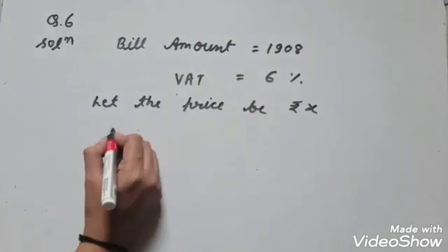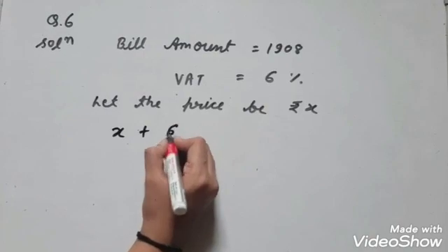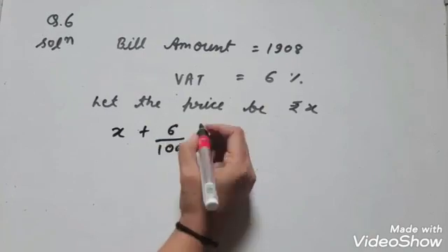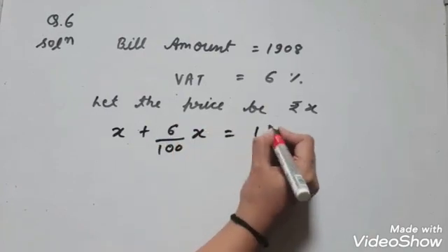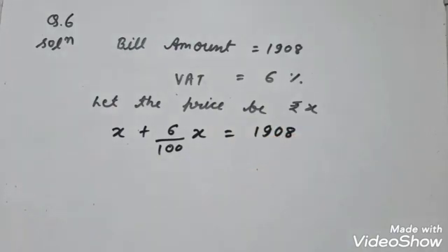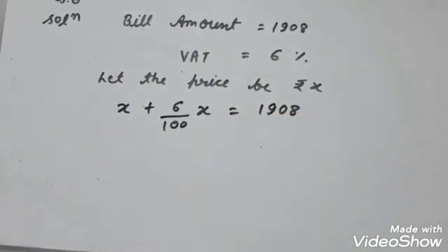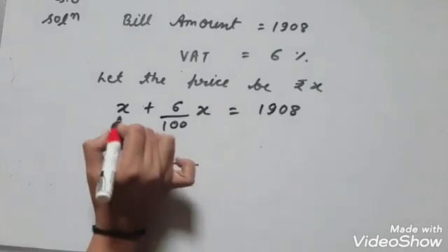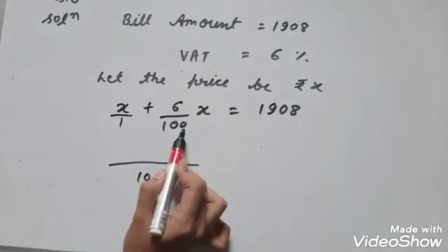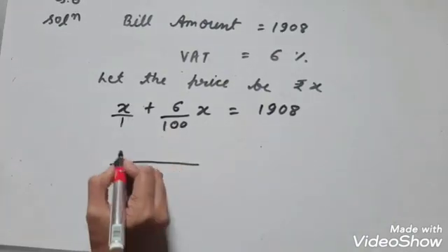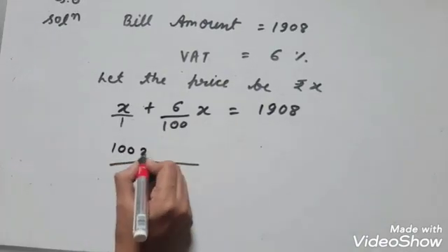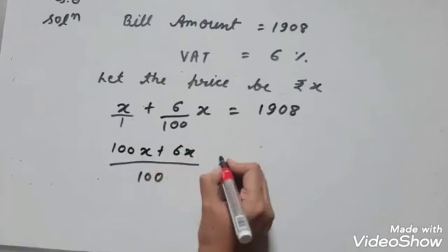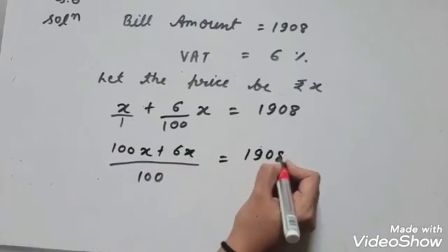So what to do now? X plus 6% of X is equal to 1908. Now let's calculate it. Common denominator 100. Here we have 1, so we need to convert it into 100. So we need to multiply it by 100. 100x plus 6x is equal to 1908.